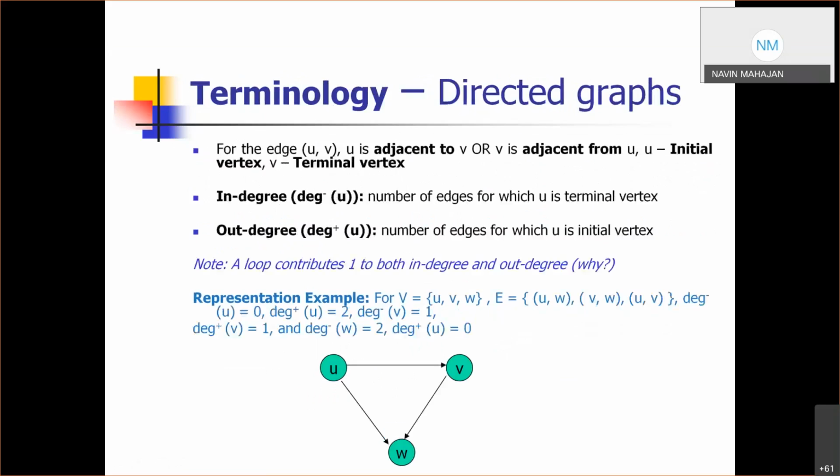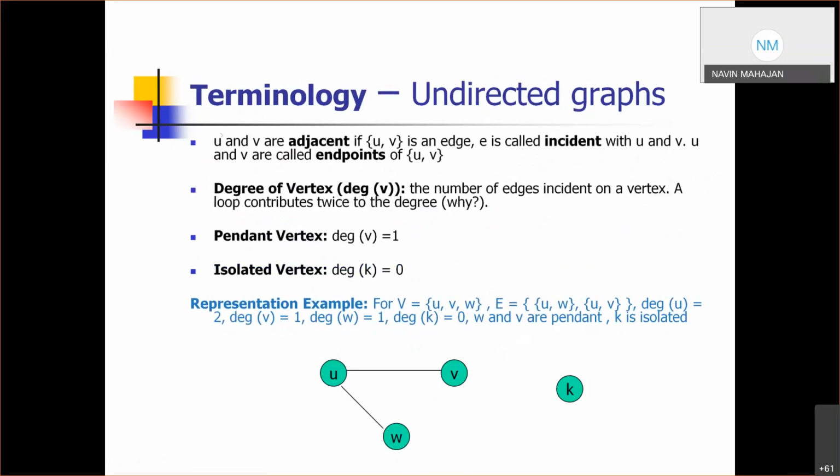So the degree of a vertex is the number of edges incident on it. A loop contributes twice to the degree if it is undirected. If it is directed, then it contributes one in-degree and one out-degree. What are pendant vertices? Pendant vertices are those where the degree is 1.